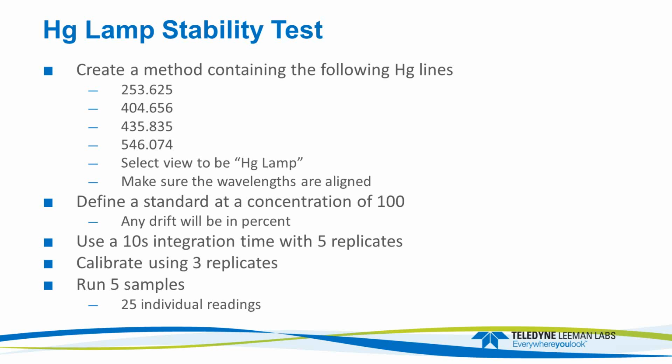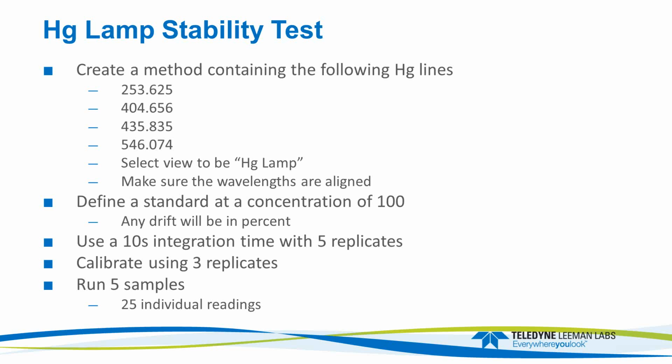You want everything just right when you do this test, because you're using it to eliminate the optical system as a potential area of problem. We define a standard of 100, and that way any drift that we see will be read out in %. For the basic test, to get a really quick and dirty idea how things are going, we typically use a 10-second integration with 5 replicates, and generate a calibration curve with 3 replicates.